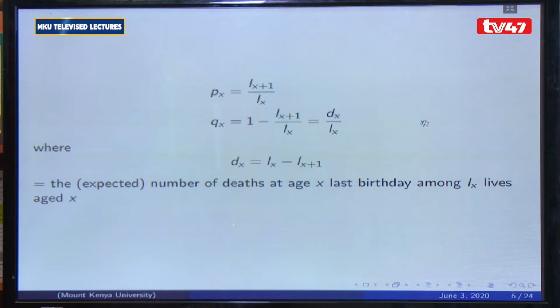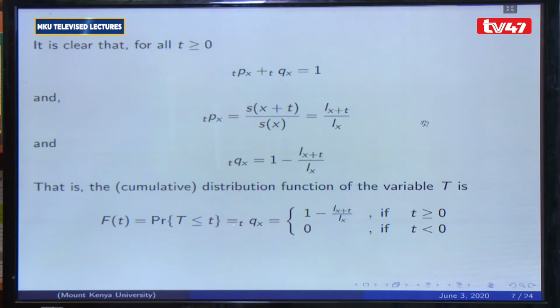If we take the LCM and work it out algebraically, defining d x as l x minus l x plus 1, we have l x minus l x plus 1 all over l x. We can simply say that q x is equal to d x over l x. Normally we define d x as the expected number of deaths at age x last birthday among l x lives.